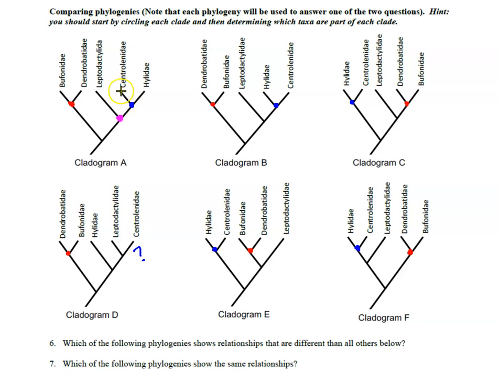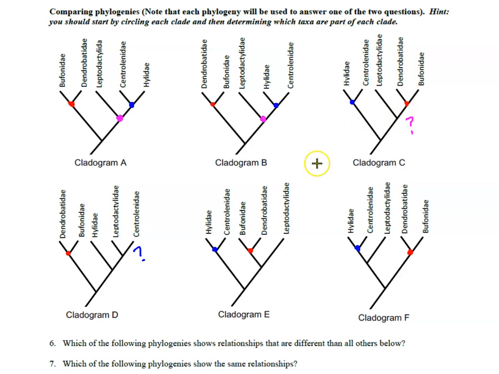So these 3 branches share this common ancestor here. We have the same common ancestor here, so I'm going to put this pink node here. How about over here? No, we don't. See how the L group is with the D and B over here? We do not see that they share that same common ancestor, so I'm going to put that pink question mark there, because this branch should be over here if it was the same as A and B.